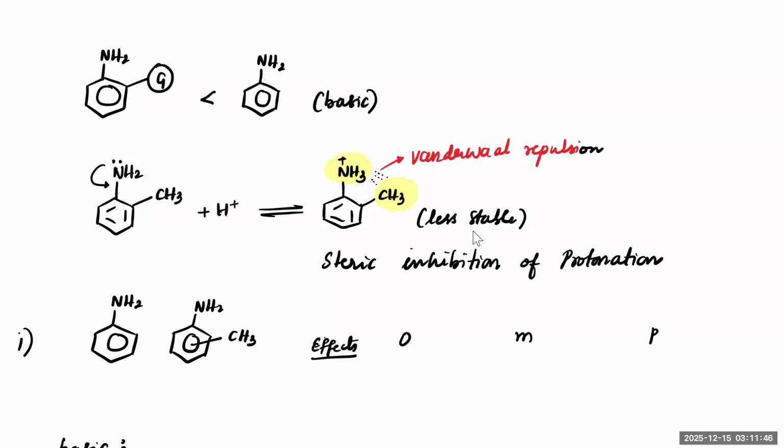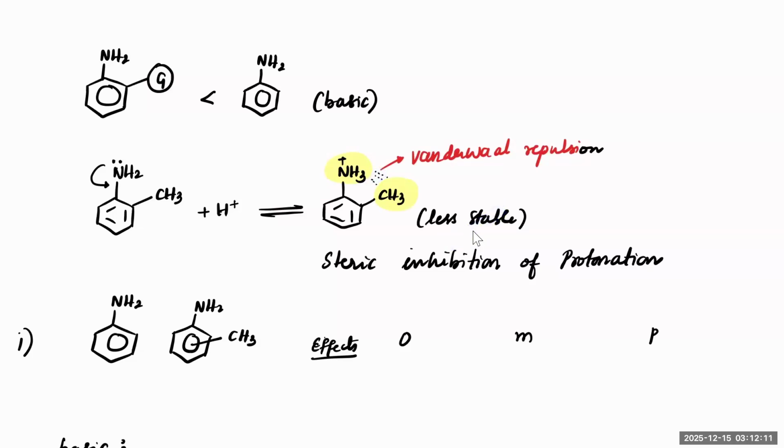Well, it does. After it is doing, can you notice that NH3 plus has become even bigger because it has an extra hydrogen on it? And now it has CH3 already existing. So what would happen? Between these two, there will be strong repulsions. This will be van der Waals repulsions. And because of the strong repulsions, this group will be less stable.